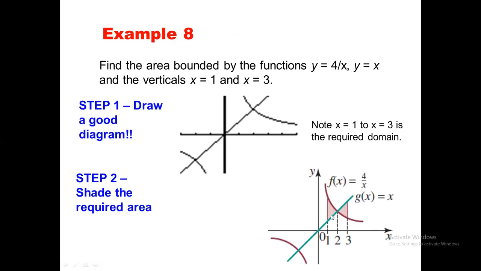In here, if the limits is 1 to 2, it would be f of x minus g of x. If the limit is 2 to 3, that would be g of x, this line, y equal to x, and this curve, which is 4 over x. So it's negative already compared to your original expression, and you're using a different limit. And that's what is happening here.